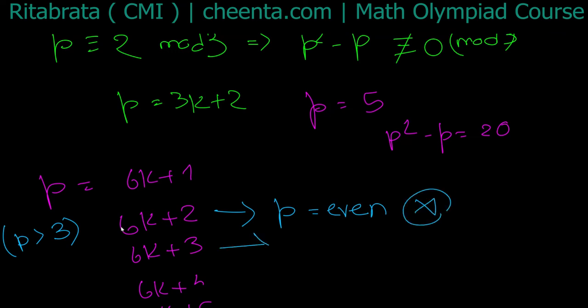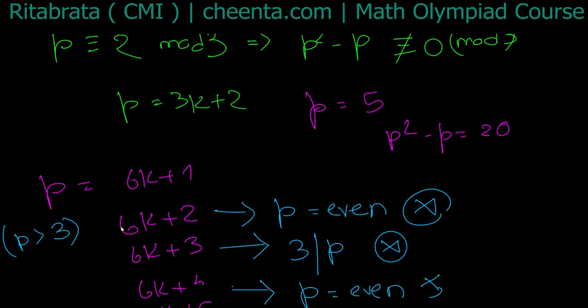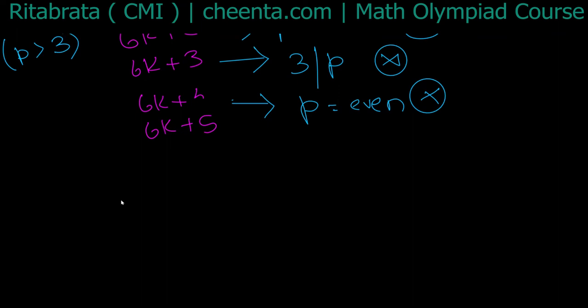Similarly, if p is 6k plus 3, then 3 divides p. That would imply p equal to 3, because if 3 divides a prime number, that number must be 3. But here we are given that p is greater than 3. So this is also not possible. Similarly, 6k plus 4 would imply p is even, so it is also not possible. So this is a good lemma.